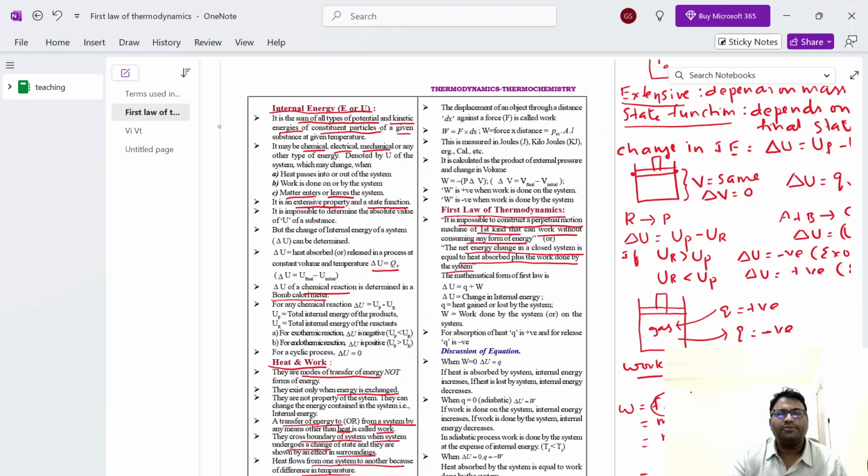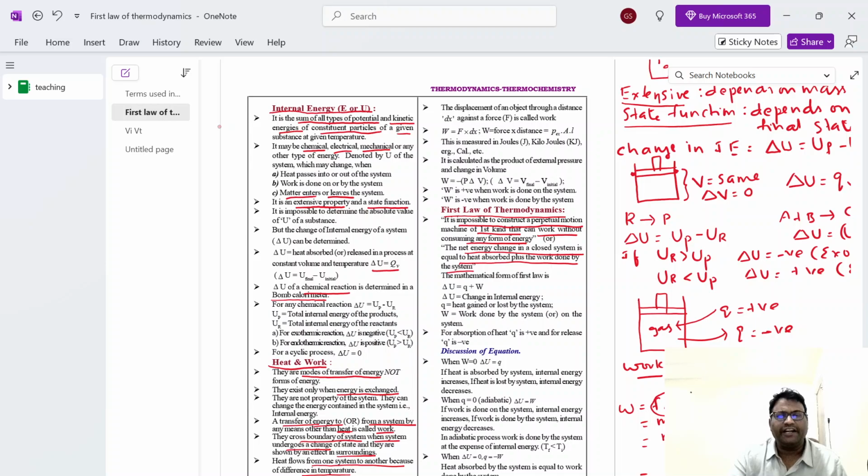It is impossible to construct a machine which can work without consuming any form of energy. This is another way of discussing the first law of thermodynamics. The other way of saying the first law of thermodynamics is the law of conservation of energy.